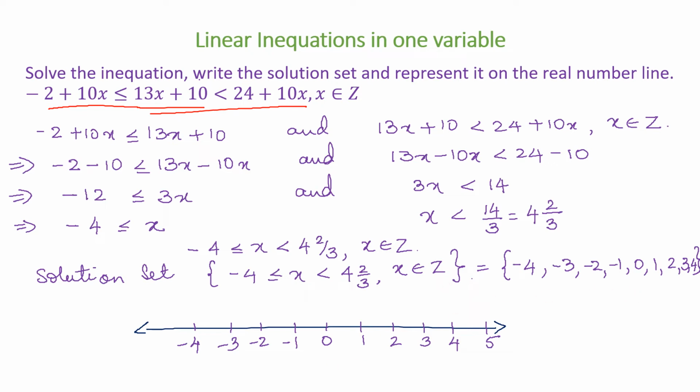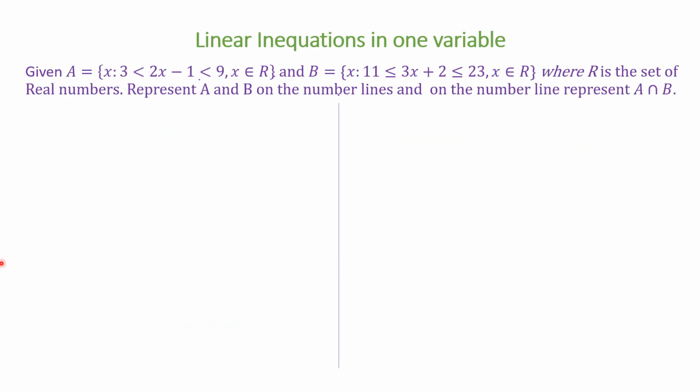And therefore, this will be minus 4, minus 3, and you're going to have all these elements in the solution set: minus 1, 0, 1, 2, 3, and 4. And for the sake of completeness, you can write down minus 5 also, so that there is one extra on this side and one extra on the other side. Let's go to the next question.